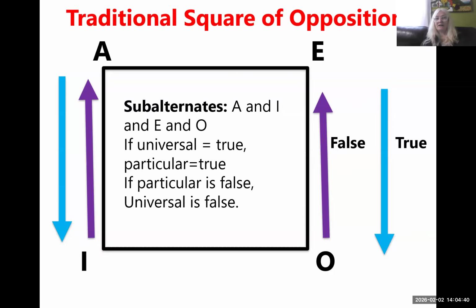Okay, let's do it with the E. If I say no pencils are reptiles, which is true, then it's true that some pencil is not a reptile. Now, if I say some mammals are not vertebrates, which is false, then no mammals are vertebrates would necessarily be false as well. So that is subalternation.